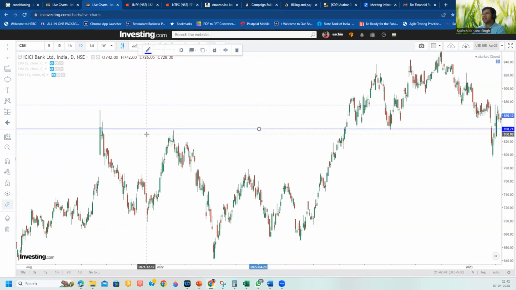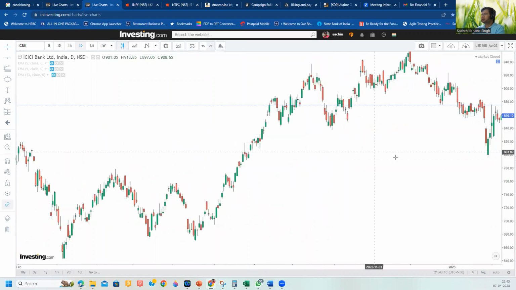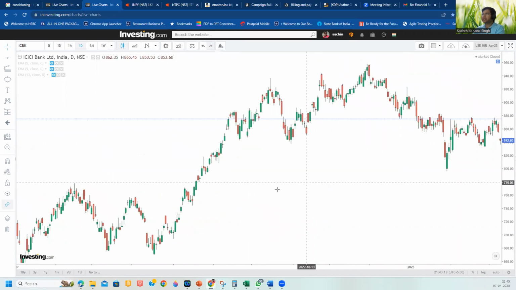But without putting a support line in the chart, this is another tool which gives you a conviction that in an upward direction, if a stock is falling down, how much it is going to take a rest, or how much of a retracement it is going to take. So without putting in a support, we are going to use this tool.